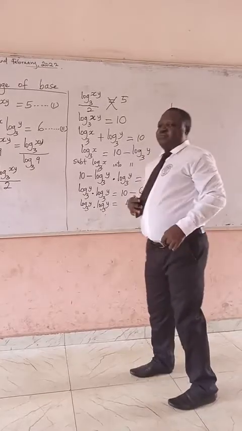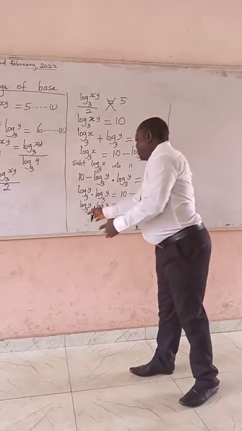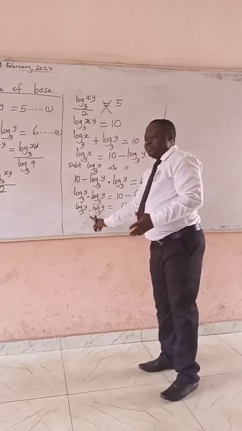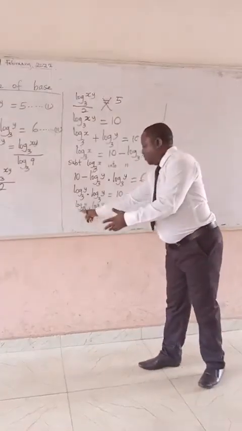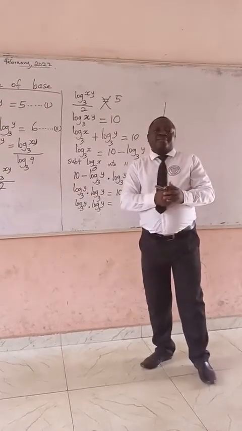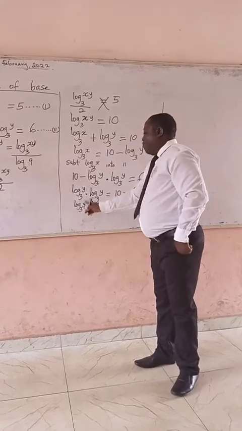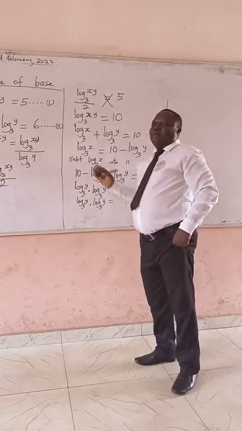And how do we simplify this expression? There is no law that guides multiplication of these logarithms. Then what do we need to do? We have to represent logarithm of y in base 3 by any letter we like.